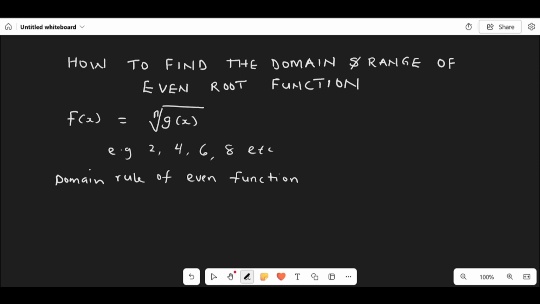It means g(x) must be greater than or equal to 0. If g(x) is less than 0, the root is undefined in real numbers.